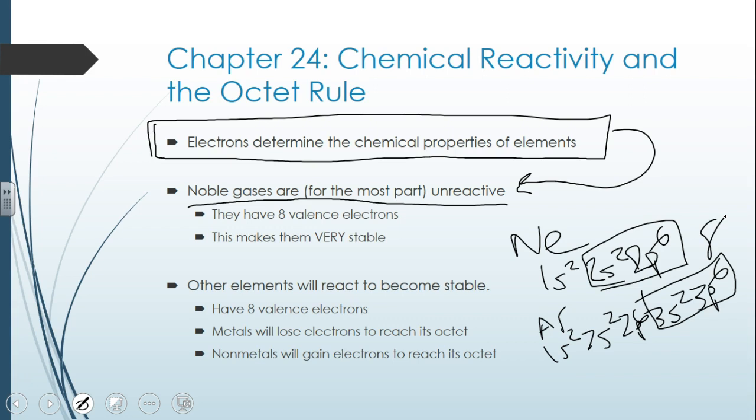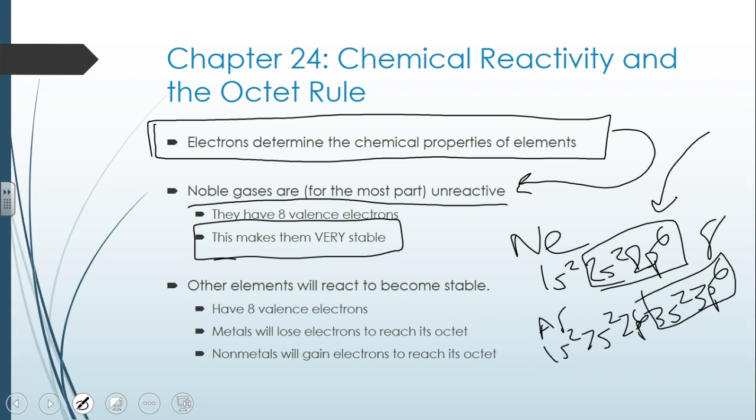We have a rule called the Octet Rule that says when an atom has 8 electrons in its valence, it's going to be very, very, very stable. The way we imagine this is once it has 8 electrons in its valence, it ends up looking like a noble gas.